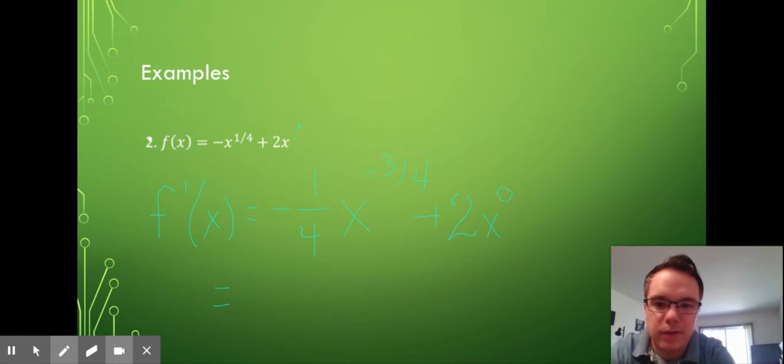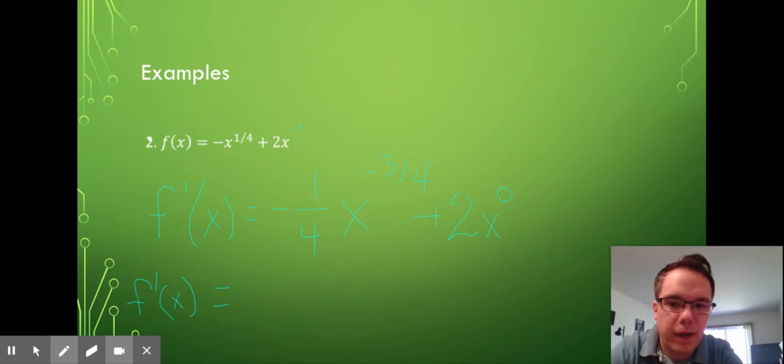So my derivative, if you remember from Algebra 2 class, you can't leave a negative power on top. We can't have a negative power. We want a positive power. So since it's on top, we're going to move it to the bottom. So we have negative 1 over 4x to the 3/4.